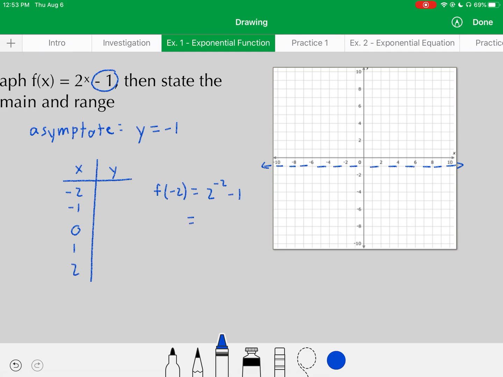Recall, raising something to a negative power can be thought of as raising to a positive power if you just put it underneath 1. So really I'm working with 1/4 minus 1 here, which is negative 0.75.